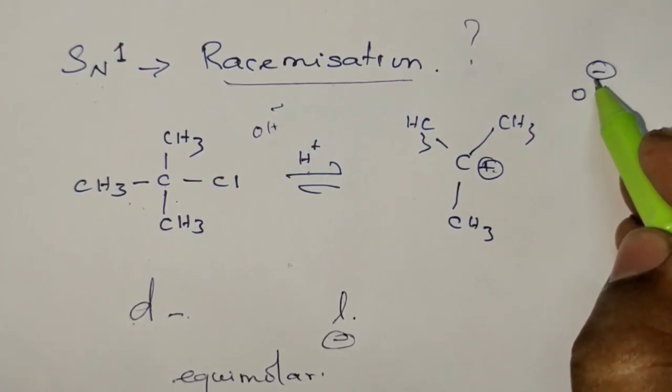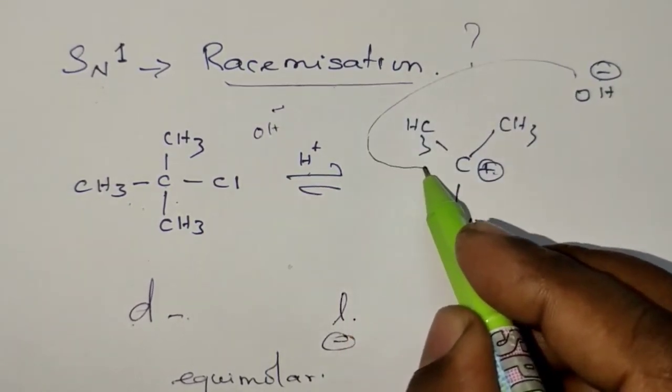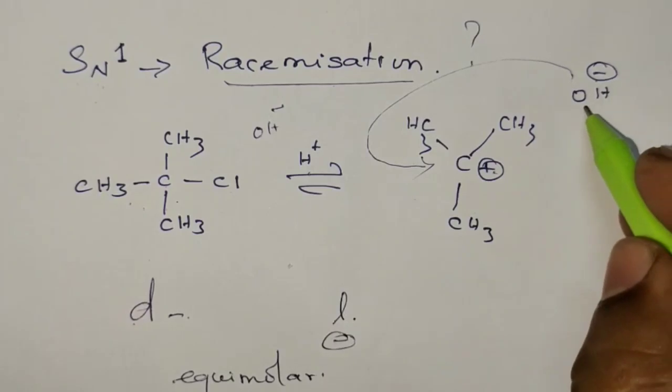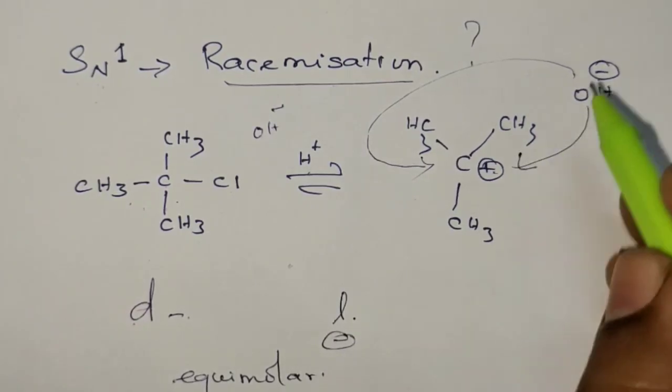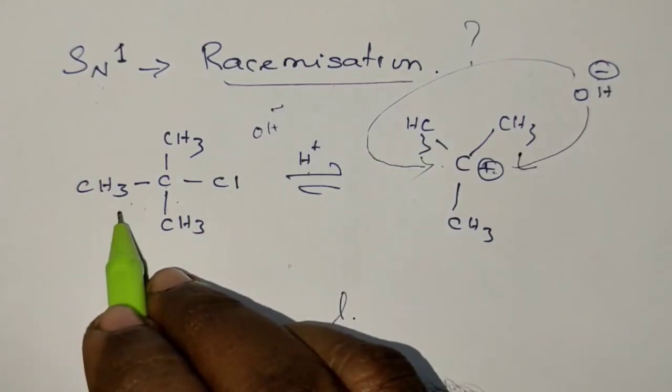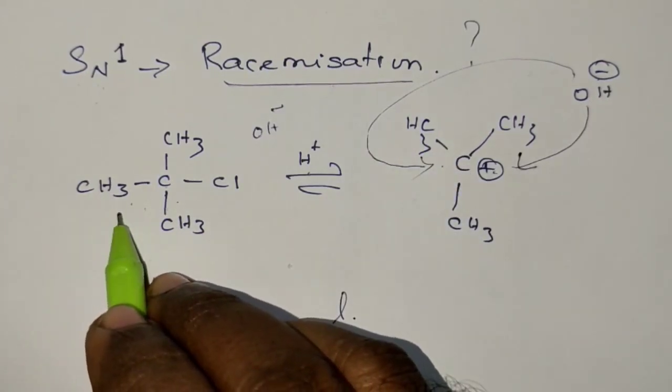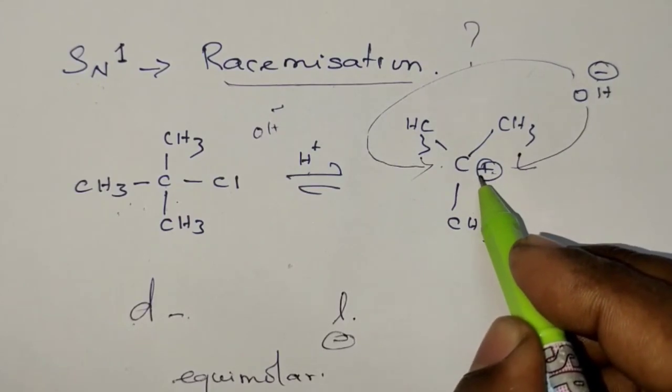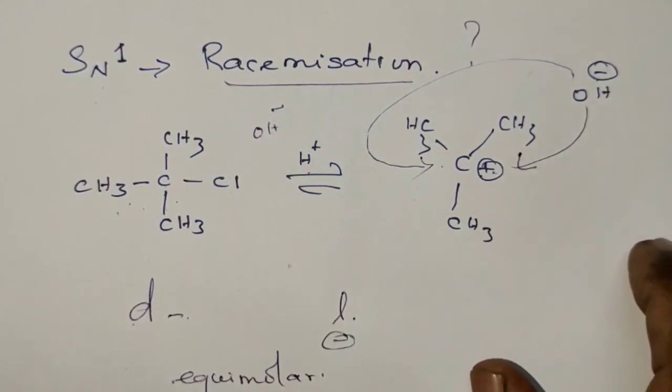When it reacts, there are two possibilities. One is that the OH may attack the substrate from this side. Another is that the OH may attack from the other side. If the OH attacks this side, the configuration totally changes. If OH attacks the other side, there is no change in the configuration.